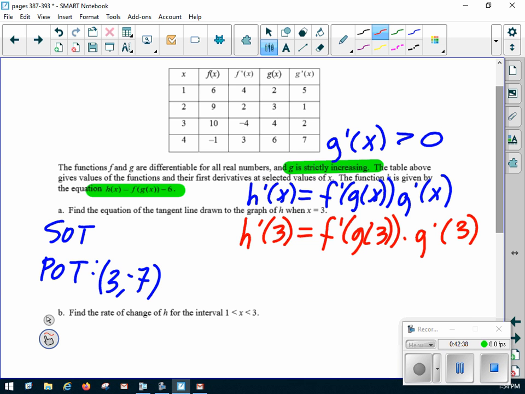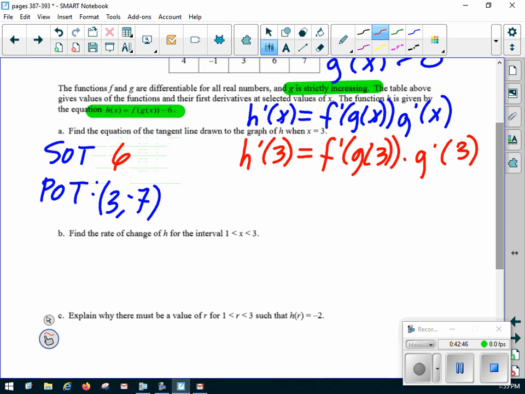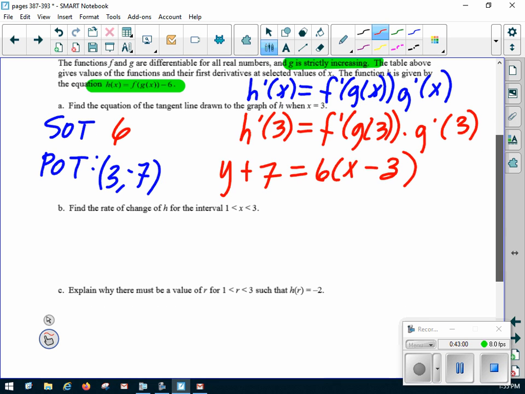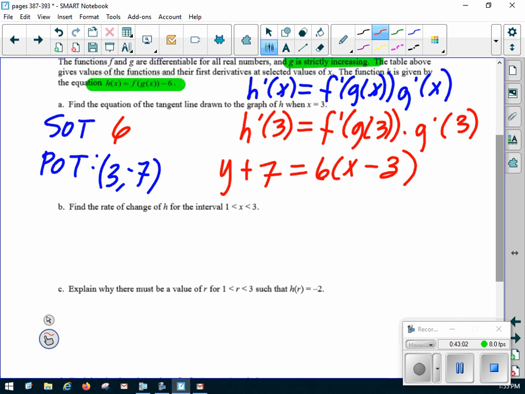Good, I got 6 too. 6. Equation of your tangent line, y minus y1 equals m times x minus x1. Implying that the rest of my 3s are really ugly, right?